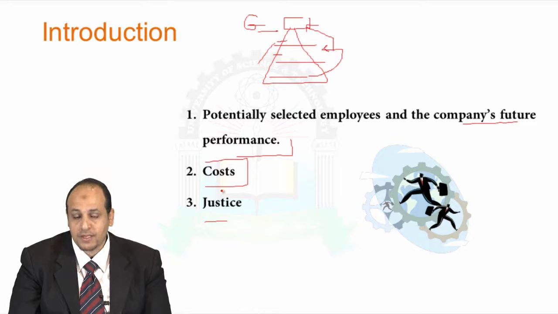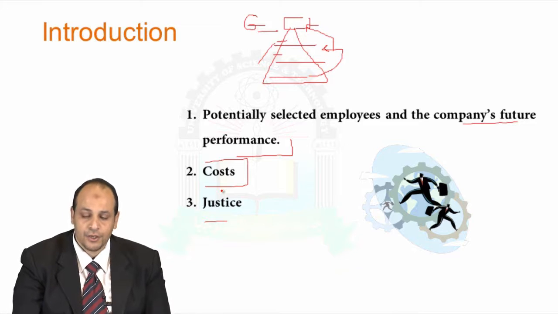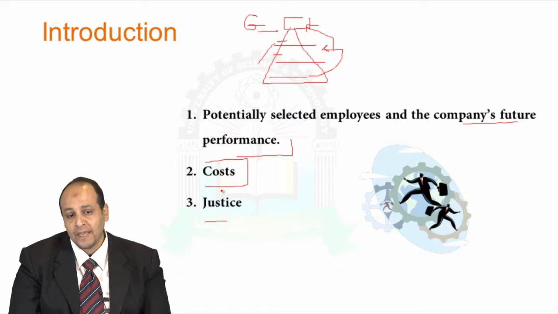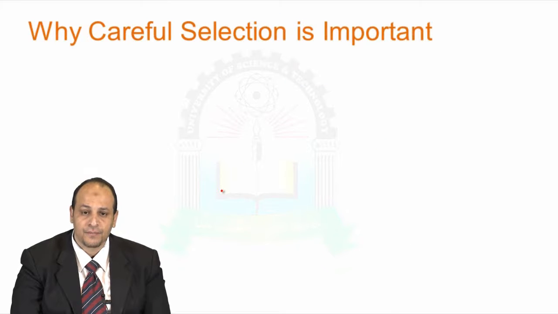Without which, of course, this ethical issue will pop up to the surface, and the company might be subject to different legal problems according to the severity of such an issue. So that's why selection is an important issue and a procedure within human resource management and should be taken seriously by the specialists in those sections.